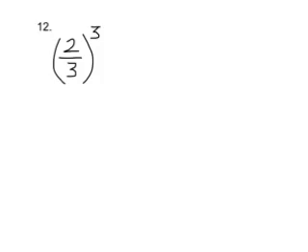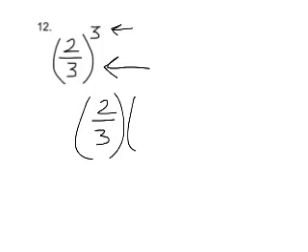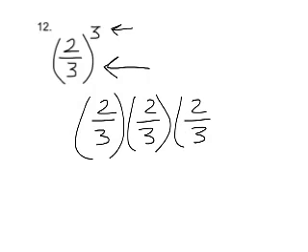Number 12, 2/3 to the 3rd power. Okay, so in this case, 2/3 is our base, and the 3 is our exponent. The 3 is telling us that the base is multiplied times itself 3 times. So what we have is 2/3 times 2/3 times 2/3. Okay, so with fractions, we multiply the numerators times the numerators, and denominators times the denominators.